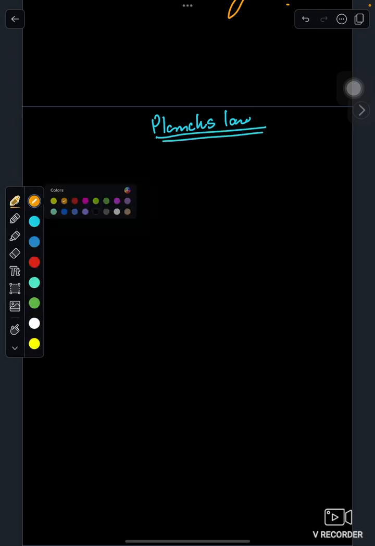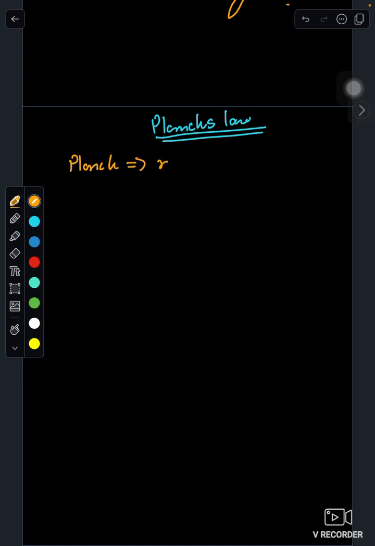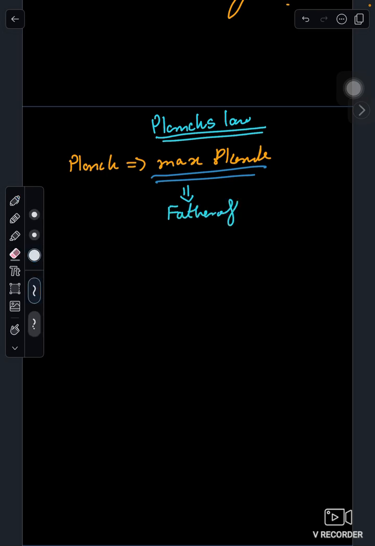Before we talk about Planck's law, we all know who Planck was, also known as Max Planck, known as the father of quantum mechanics, quantum physics or mechanics.